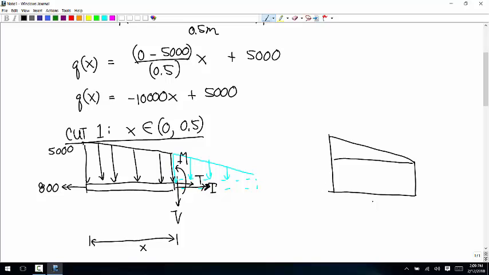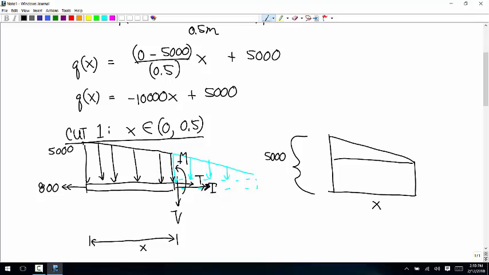We know that this length is x. We know that this whole thing is 5,000. And what's the height at this corner? Remember that this side is represented by the value x. So how do we know what the height is there?